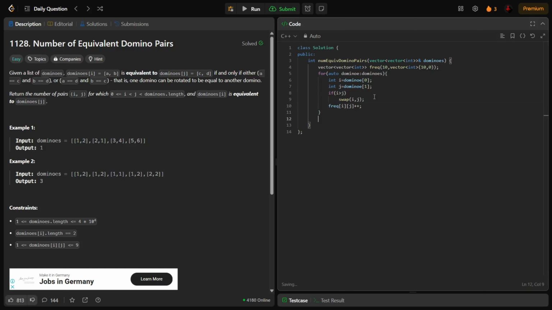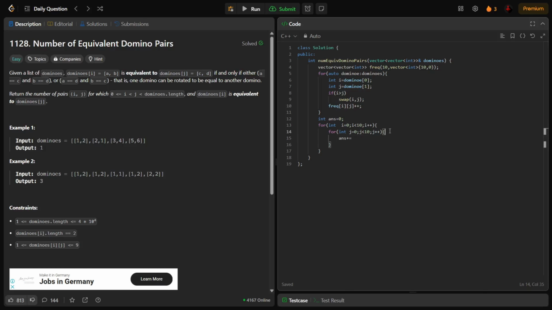Now we have got all the frequencies from this loop. Let's take our answer as 0 to start, and then iterate through our frequency vector, 10, i plus plus, and we will increase our answer.